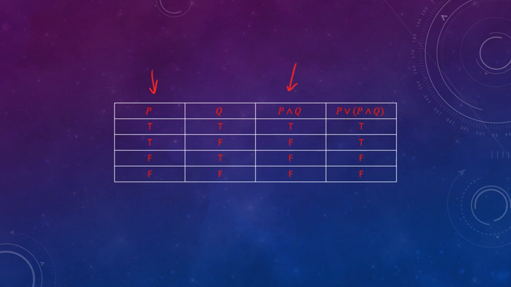So this shows that our absorption law is indeed true, and that P or P and Q is indeed logically equivalent to just P. So these were a few samples here, constructing logic tables, also known as truth tables, and using them to determine whether two logical forms or two logical statements are logically equivalent.